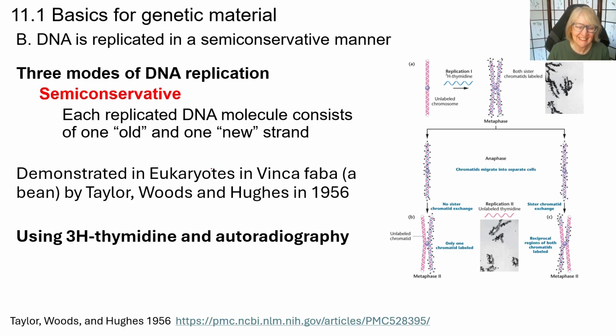It was demonstrated in eukaryotes in Vicia faba. This is a type of bean, like a bean that we would eat. Taylor, Woods, and Hughes showed in 1956 using thymine and a very similar mechanism.